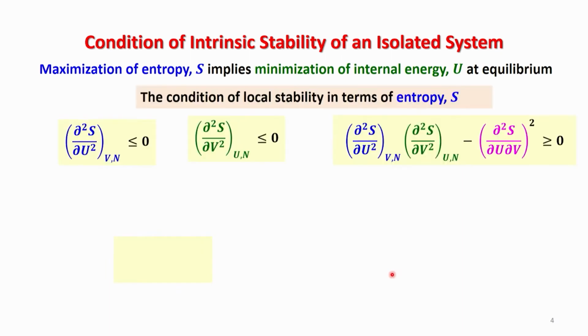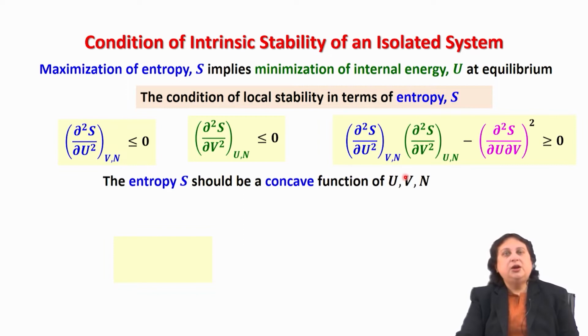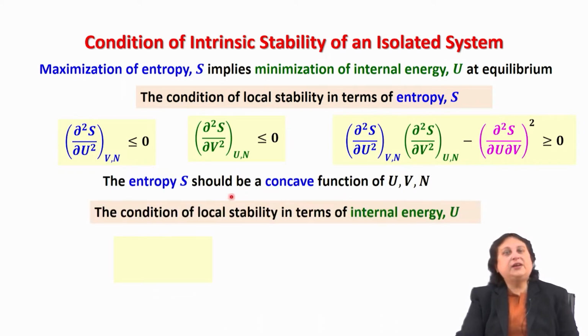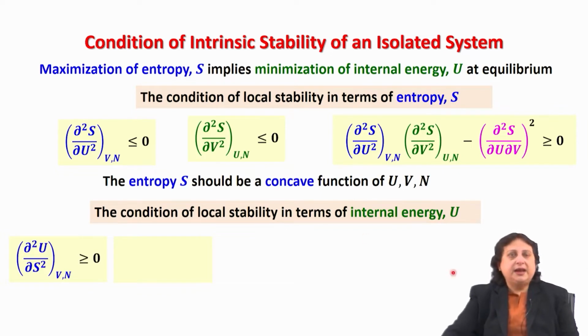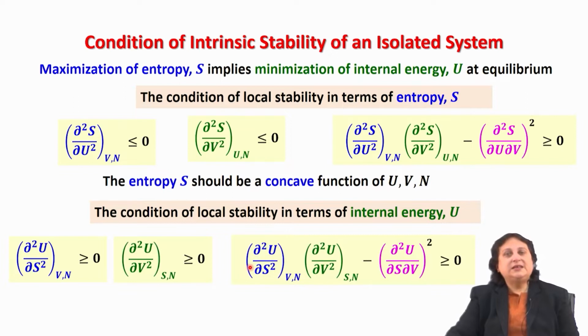And therefore, I can also go ahead and translate these conditions of local stability in terms of entropy. While entropy S should be a concave function of U, V, N, I can have the condition of local stability in terms of internal energy U, whereby del square U del S square has to be positive. Del square U del V square should also be positive, but this relationship involving the second derivatives, they should remain positive.